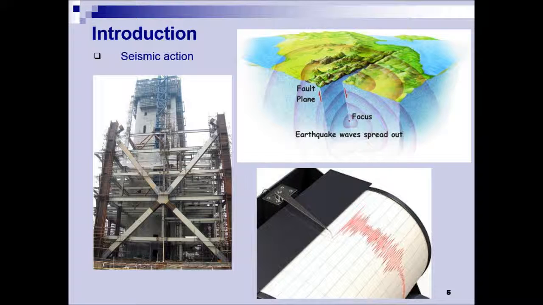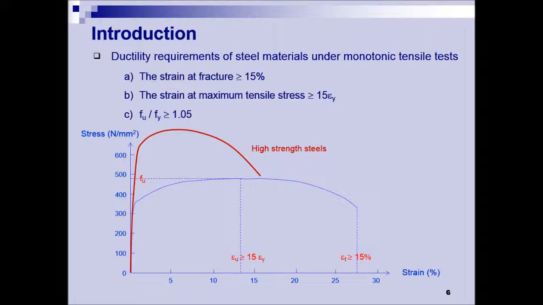Building structures should be designed and built to the seismic requirement, according to the seismicity level of their location. Conventionally, the seismic requirements for structural steels mainly rely on ductility requirements, which have been adopted by the industry for a long time for normal-grade structural steels.